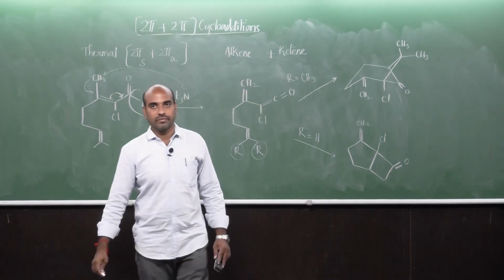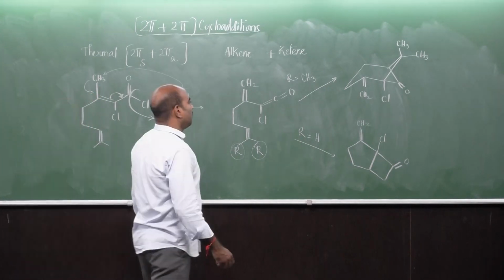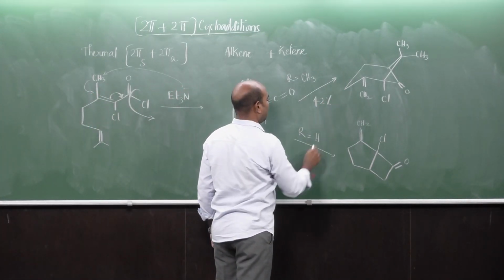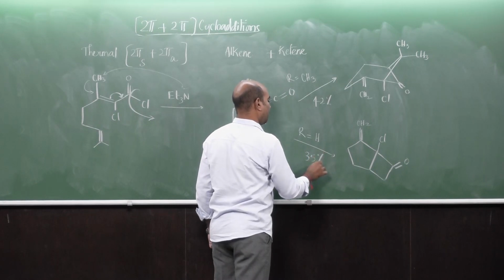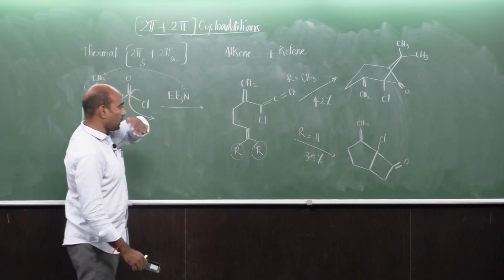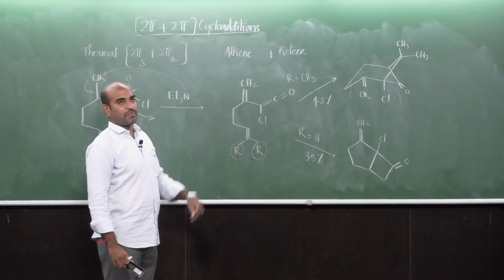And this reaction is highly regioselective. So, you will get to see 42% of this product and 35% of this product. What is the specialty of this reaction? It has an alpha chloro substitution.